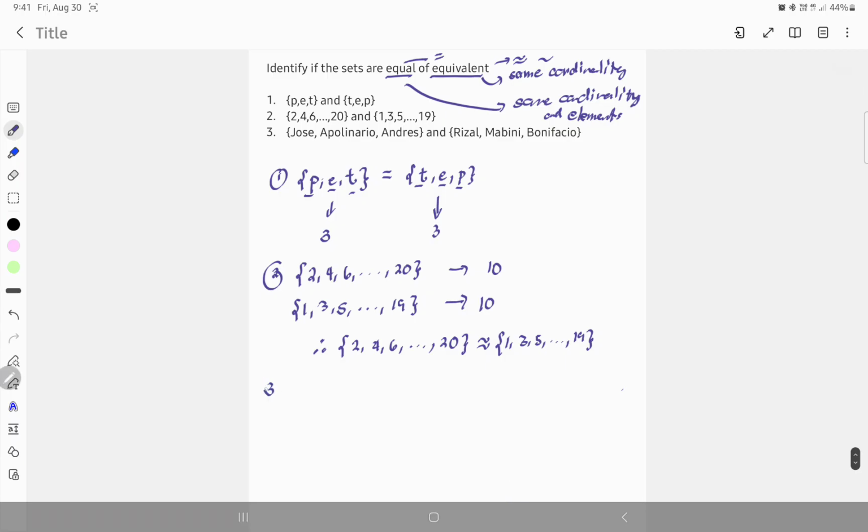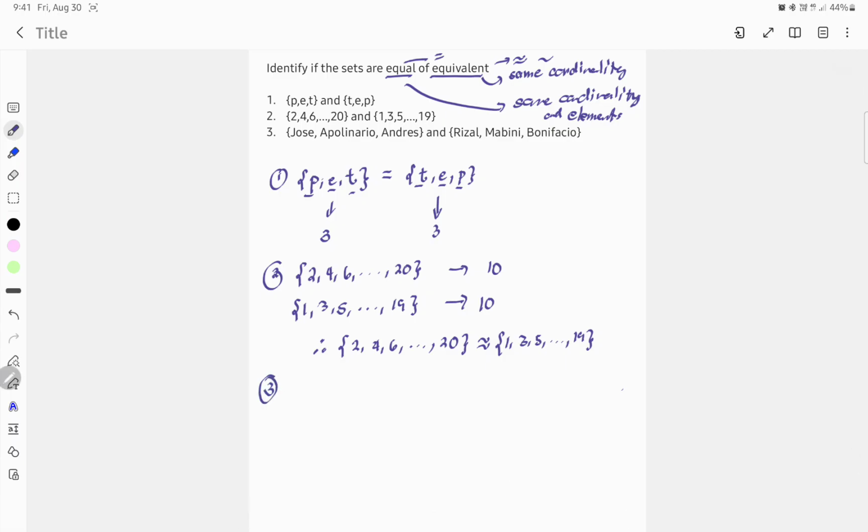Now, let's go with number 3. This is somewhat interesting. These are names. The first set is Jose, Apolinario, and Andres. As you can see, the cardinality is 3. The second set for item number 3 is Rizal, Mabini, and Bonifacio.